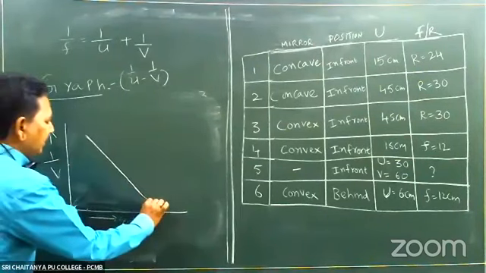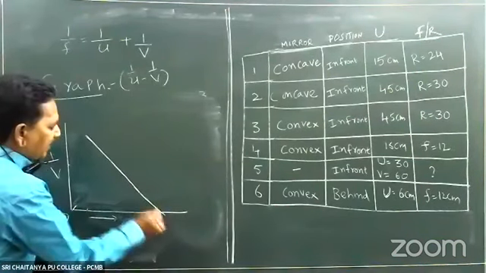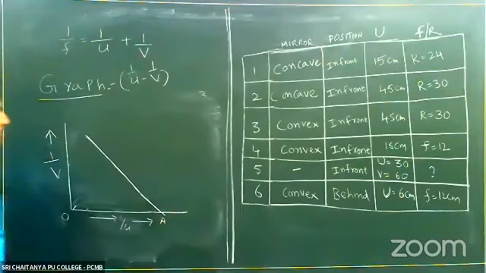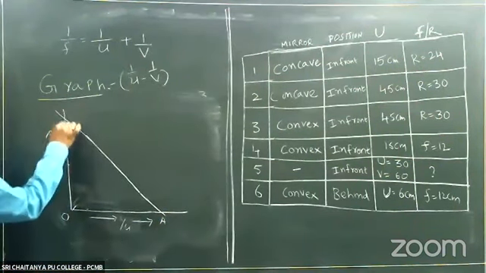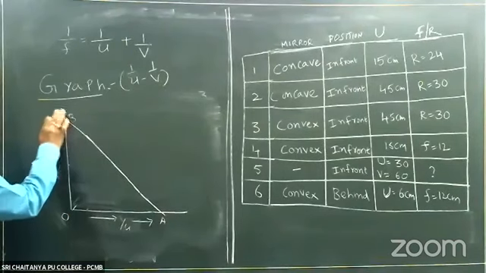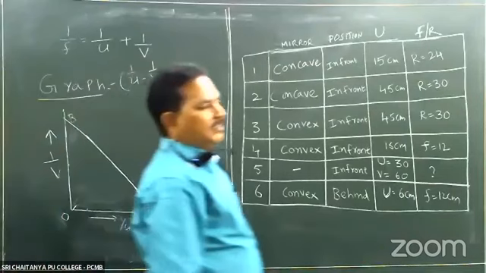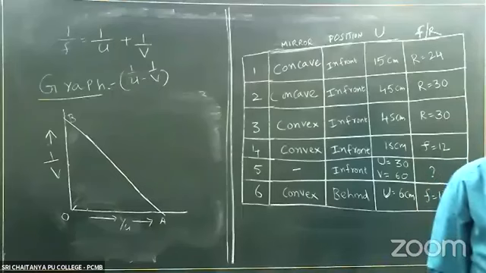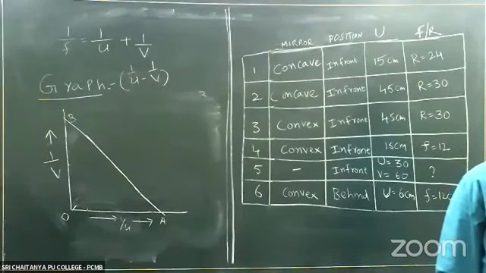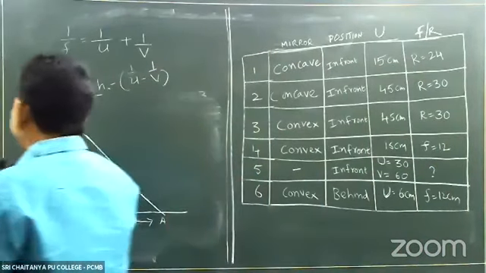It will intersect the x-axis at point A, imagine. Extend towards the y-axis; it will intersect at point B. Find the coordinates of A and find the coordinates of B. Then easily we can calculate the focal length from the 1 by U, 1 by V graph.